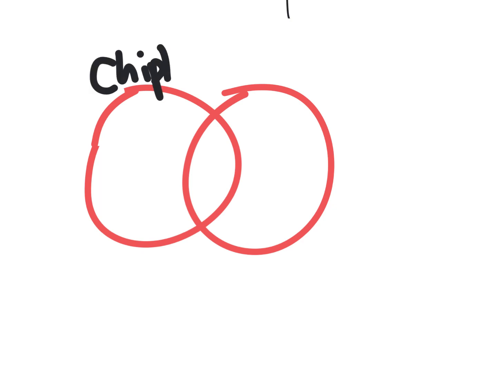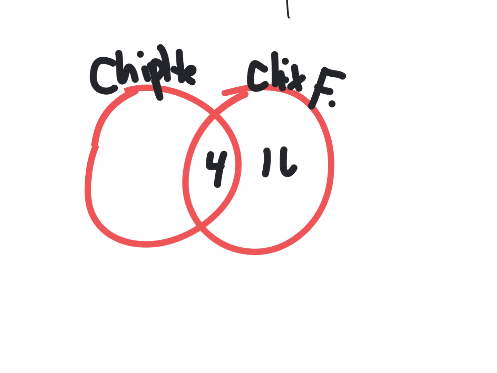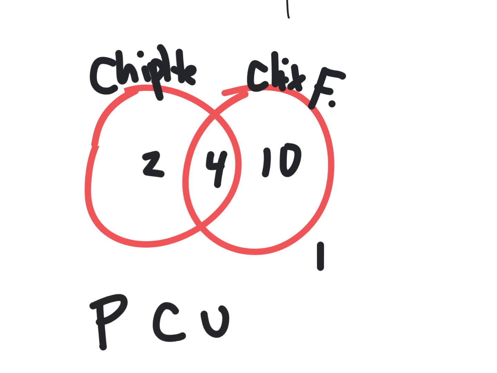It's nearby. Chick-fil-A. Okay. Then, if I give you 4, 10, 2, and 1, what's the probability of C union CF? C stands for Chipotle. CF is Chick-fil-A.